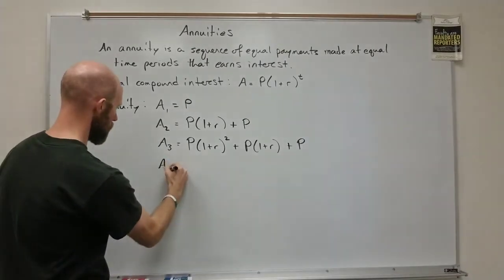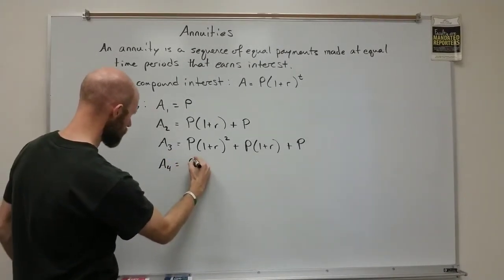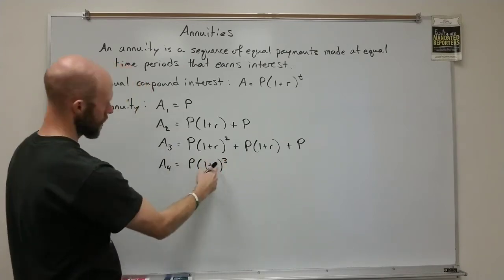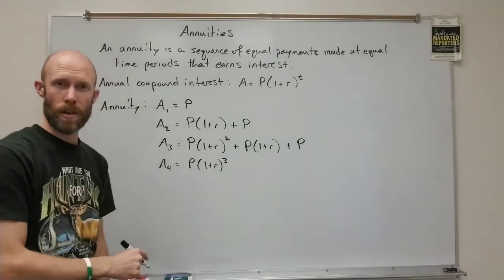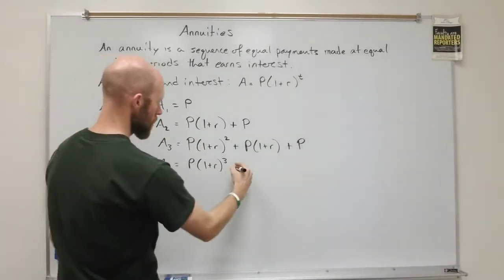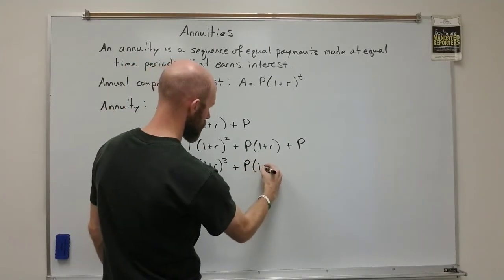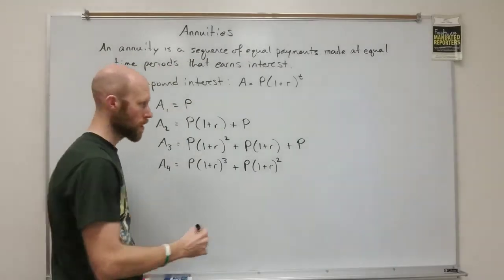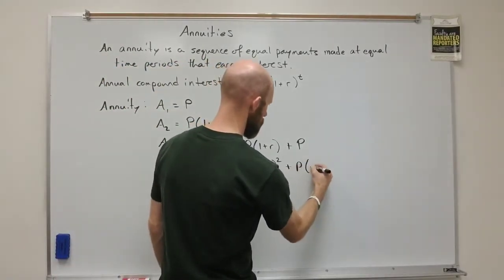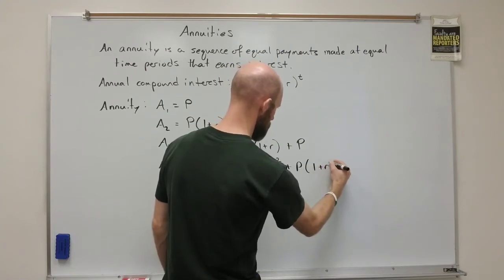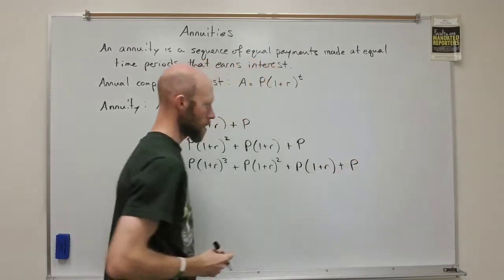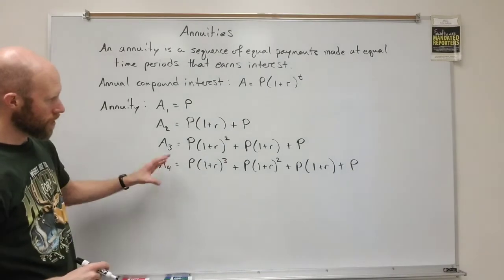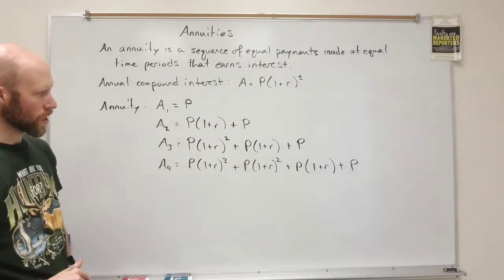So at the end of the fourth year, you have interest earned again on the first year's payment, another set of interest earned on the second year's payment, then you've earned interest on the third year's payment, and then you have to make a payment for the fourth year, and so on. That's the progression that you'll see.